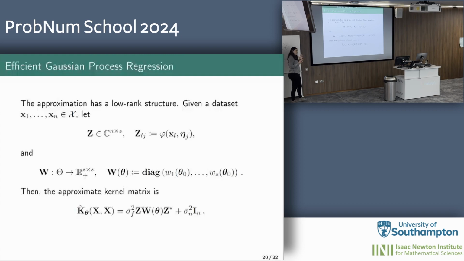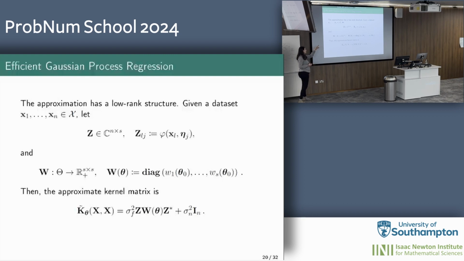The same is the Monte Carlo based approximation. Also here we have something that is low rank. So let's see what we have here. Z is the N by S matrix, which is composed from these features.